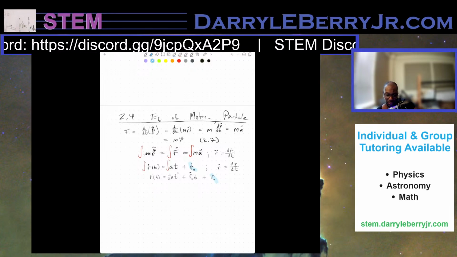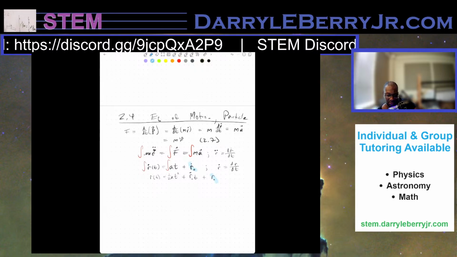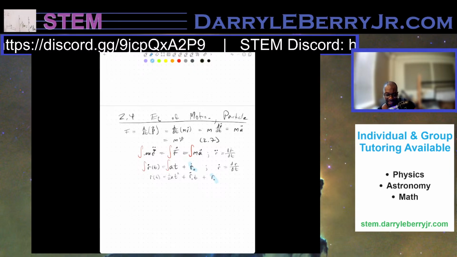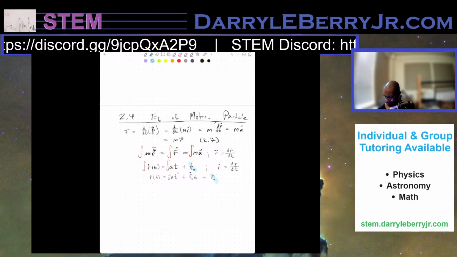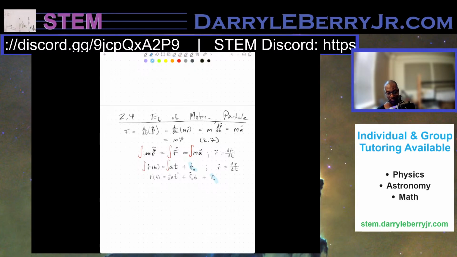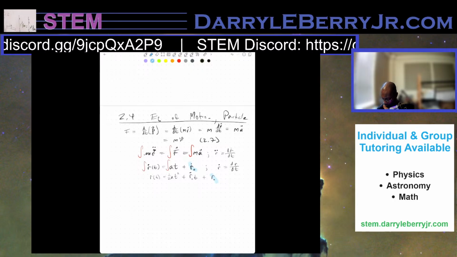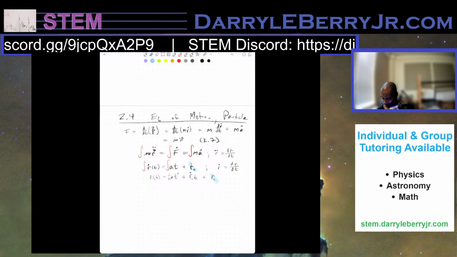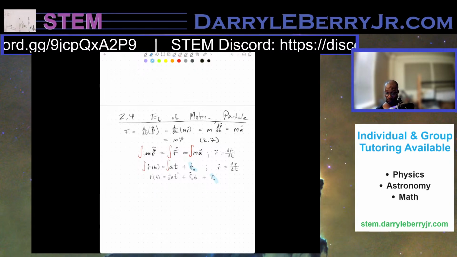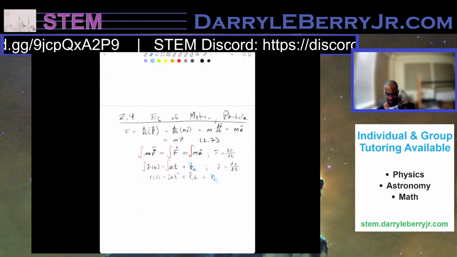The force F may be a function of any combination of position, velocity, and time, and is generally denoted as F of r, v, t.